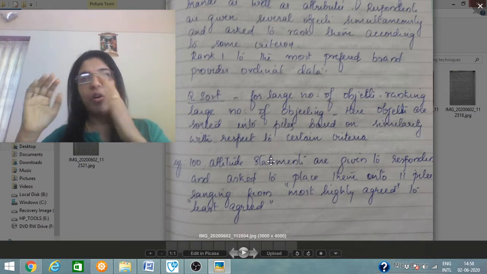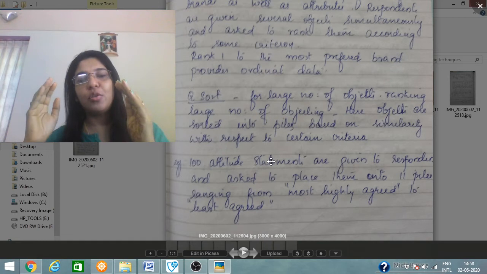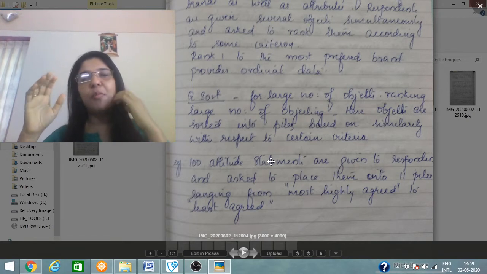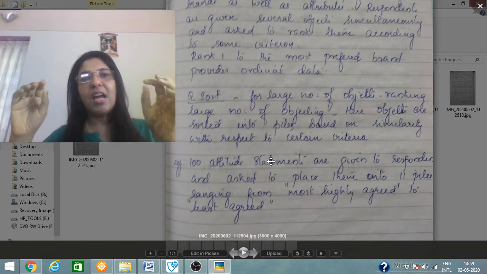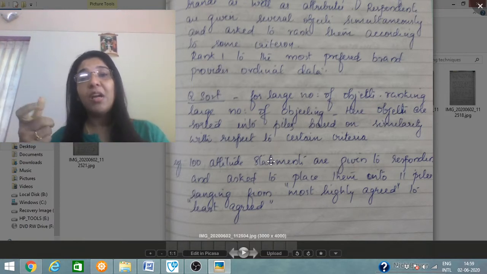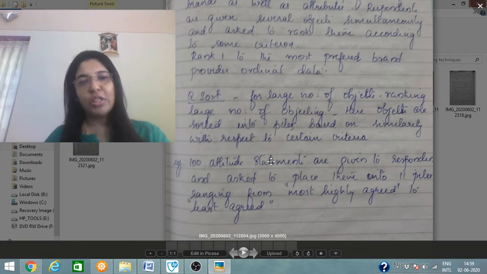So if you have about 100 variables, I can pile them up into 10, 11 or 12 piles. One pile may contain about 10 variables, another about 8, another about 12, etc. And you can compare one pile with another pile, that is, you pair up one pile with respect to another pile, not the variables. So that is called Q sort.